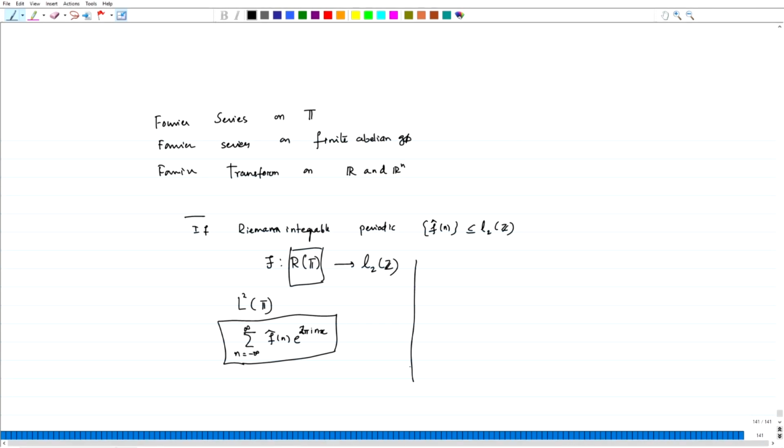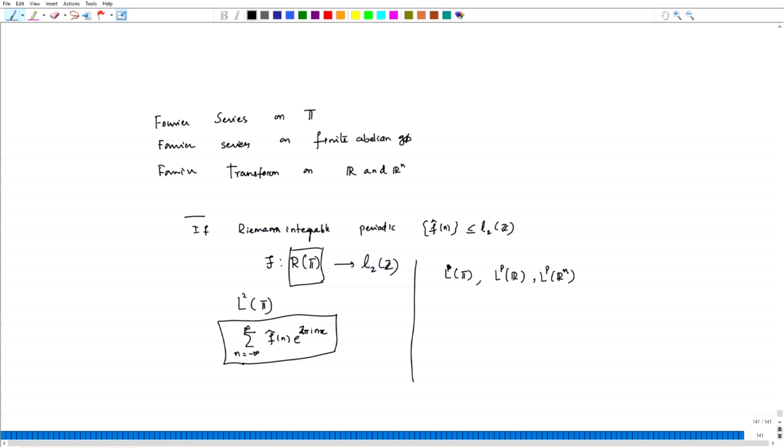Definitely all this can be extended to Lp of T, Lebesgue spaces, or Lp of R and Lp of R n.